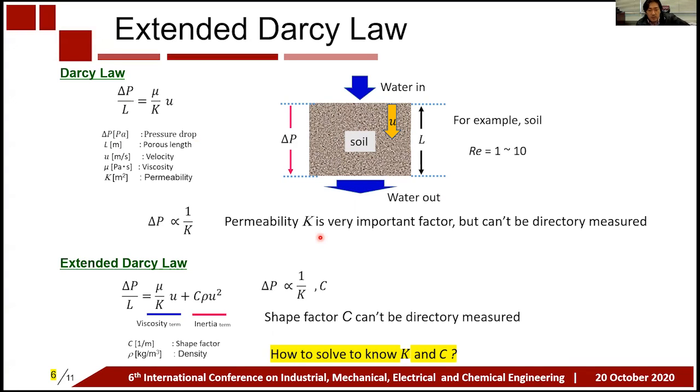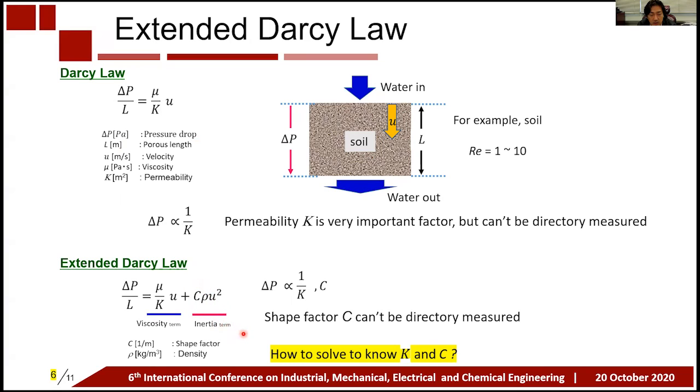In addition, there is an extended Darcy law, which is applicable not only to slow velocity conditions in terms of the viscous term, but also to cases where an inertia term is needed.